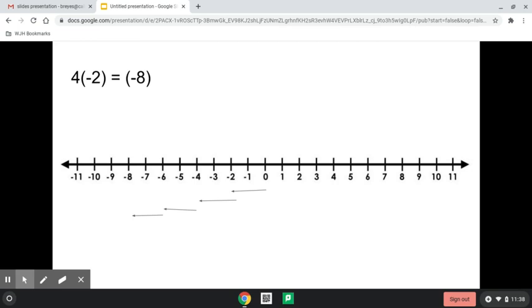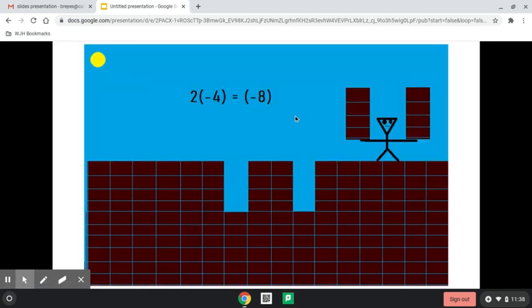So if we switch this to 2 times negative 4, does that change things? Let's test. We go to the left, negative 4 once, and we do it twice. So it does not change the final answer. All right, so here are some examples of 2 times negative 4.